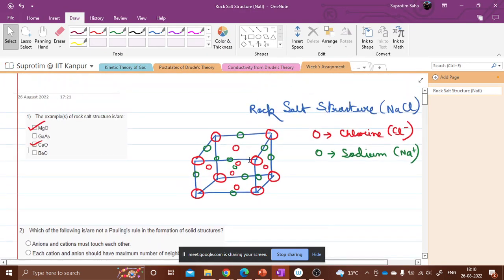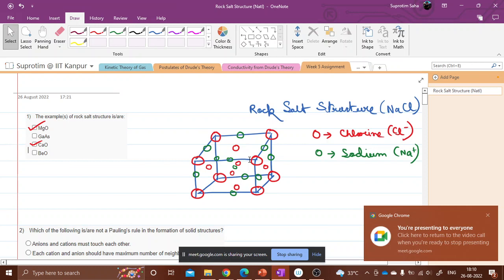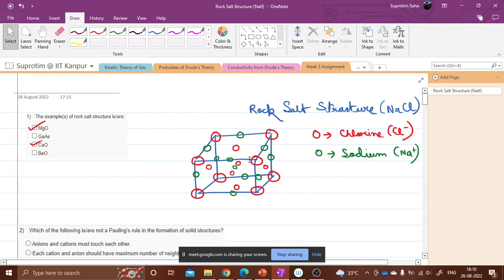So for the first question, as you can understand, the cations sit at the octahedral voids. You see the nearest neighboring atoms: there are six nearest neighboring atoms. So for sodium, there are six nearest neighbor chlorine atoms.